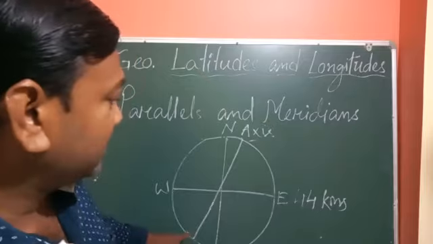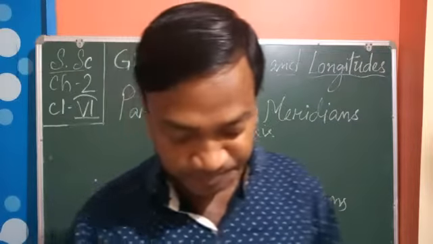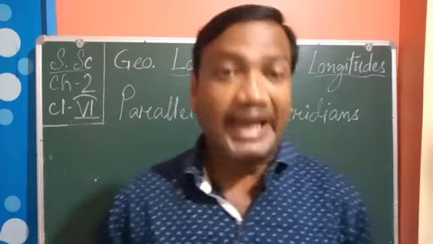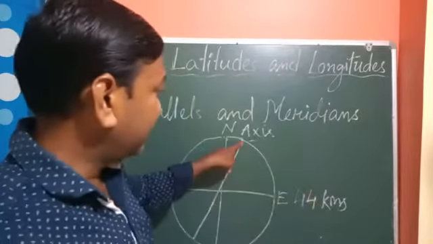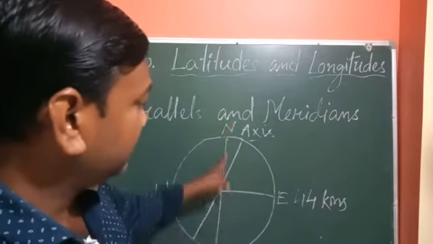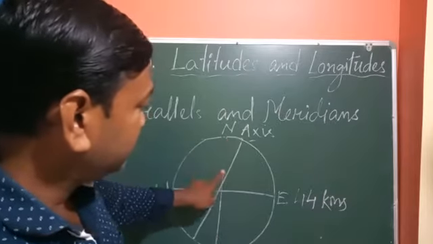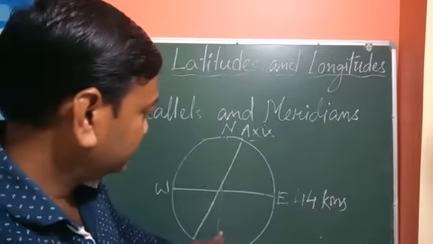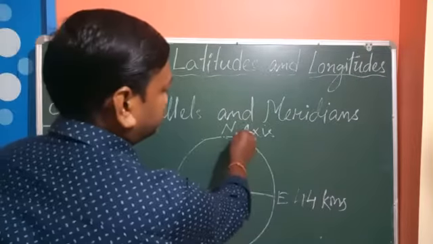This is the imaginary line, and on that the earth rotates, and this is the end point and this is the end point. For your understanding, I have drawn the line here, but actually this line is not here. Here we find the north.